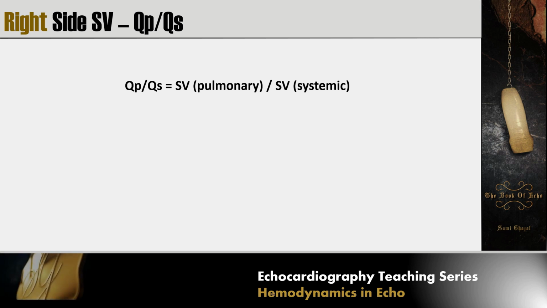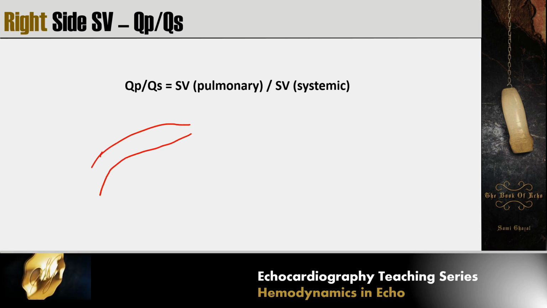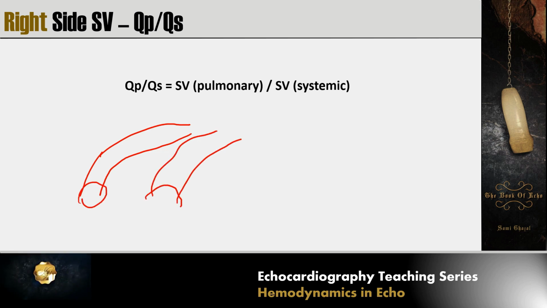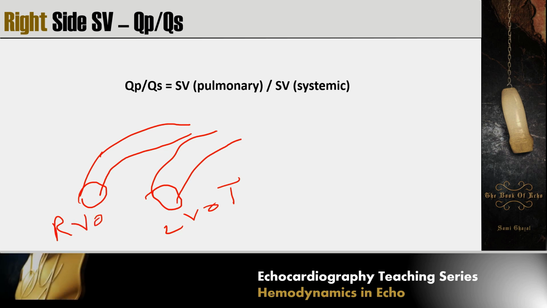But now, let's say this is the pulmonary artery, and this is the aorta somewhere here, and you do the measurement here, and you do the measurement here. Let's say this is LVOT, and this is RVOT. And the shunt location is distal to the measurement site. It will be somewhere here.